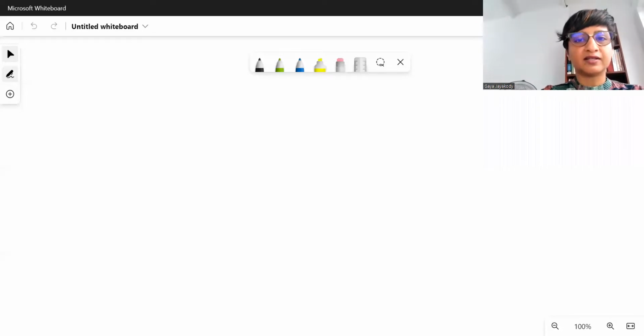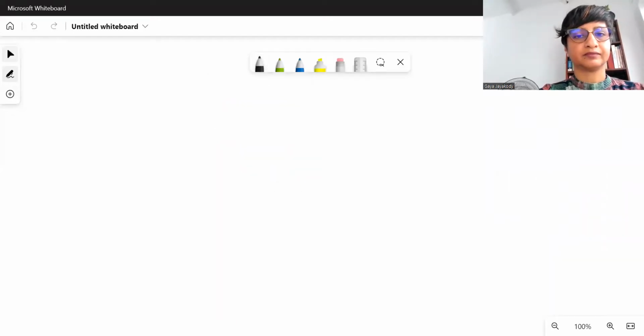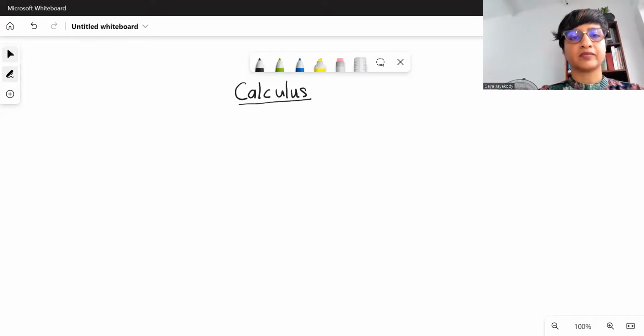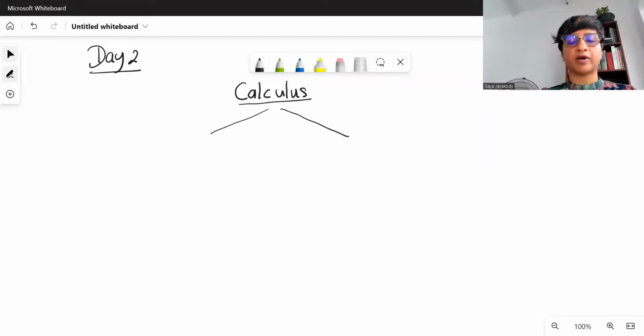So the topic that we are going to talk about is calculus. In Sinhala, it's Kalanaya, right? And it has two branches.